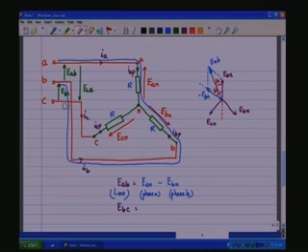So, what do you see? You see EBN minus ECN will be EBC.